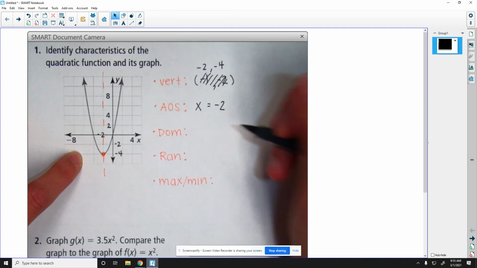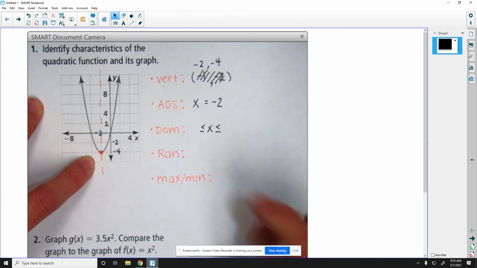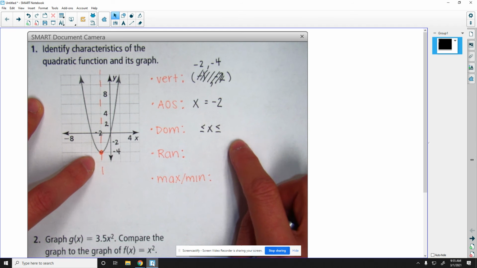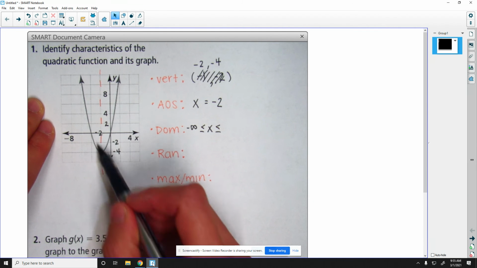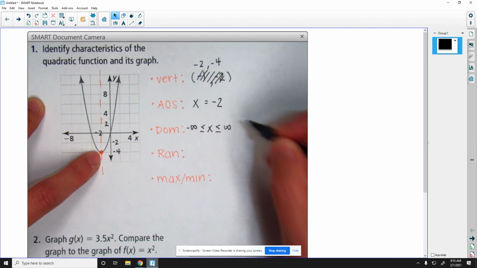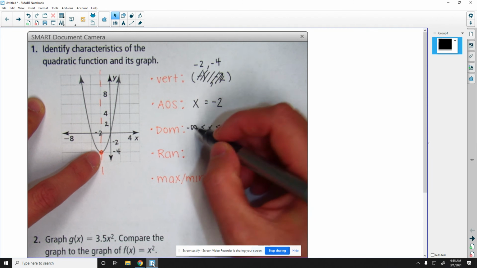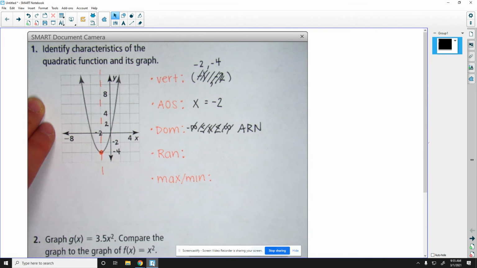It's all real numbers. So why is it all real numbers? Because remember, domain is x. Your alligators, your inequalities always eat to the right. So how far to the left do you go? -infinity, because the arrow keeps on going to the left. How far to the right do you go? +infinity, because you go to the right. So if you have infinities on both sides, you don't write that. You write all real numbers. Good job.